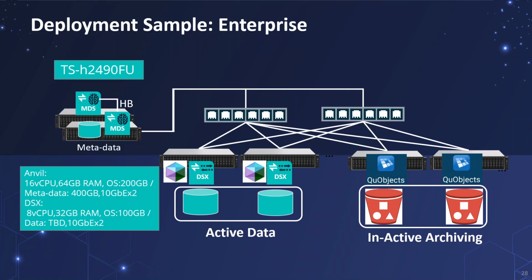If you need high performance, you can select another QNAP model, the TS-h2490FU. It's an all-flash NVMe, very fast storage, which can give you very fast performance. And you can use the DataCore DSX component as a storage by giving it some capacity from the local drive, like a VMDK.